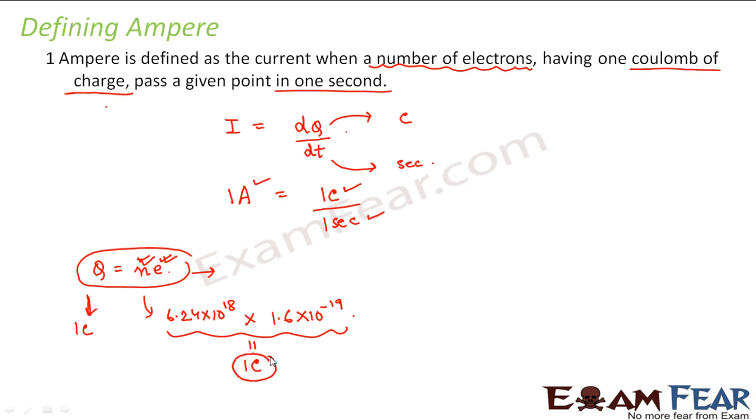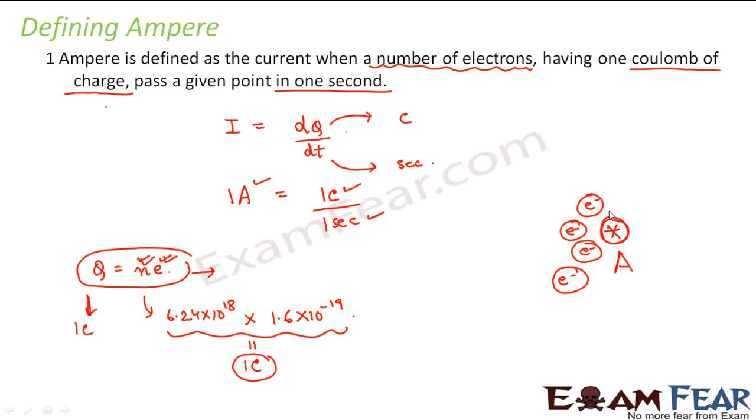So 1 coulomb is the amount of charge carried by 6.24 into 10 to the power 18 electrons. When I define 1 ampere, let us suppose I have this particular point, point A, and there are so many electrons.